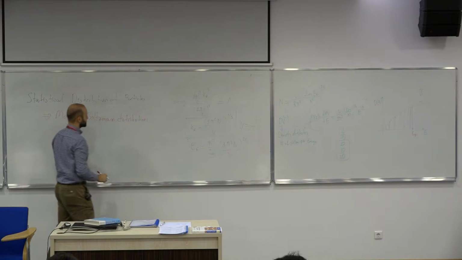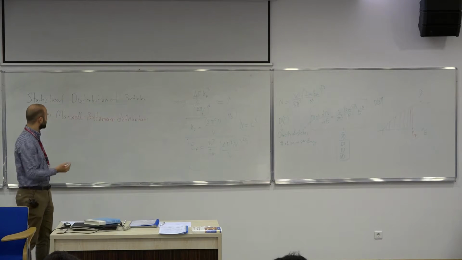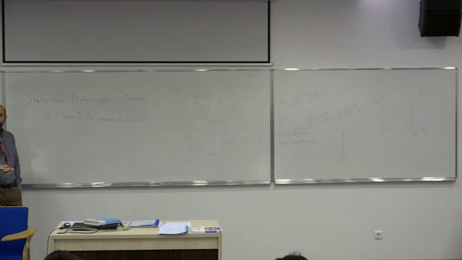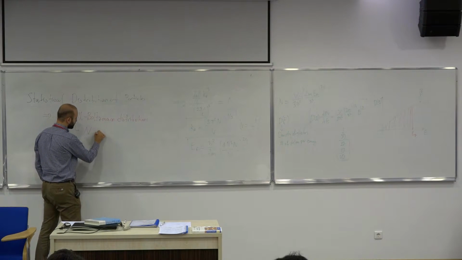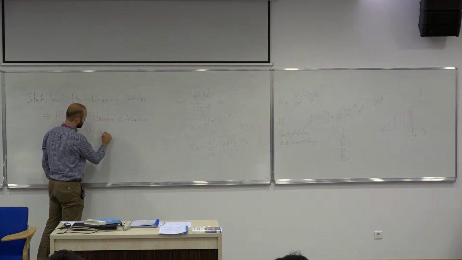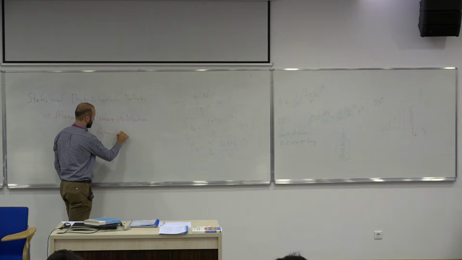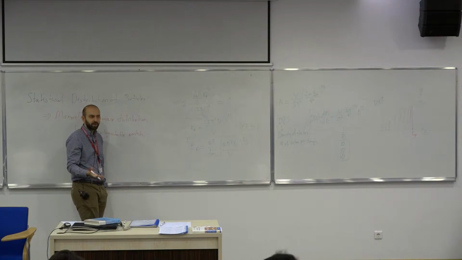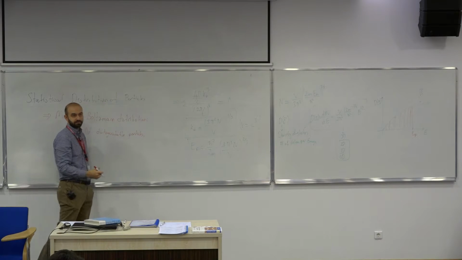This case applies to more or less classical particles. And the idea here is this: I have n distinguishable particles, and they're free to occupy any energy state they like.